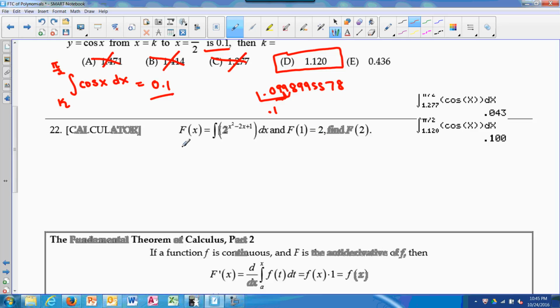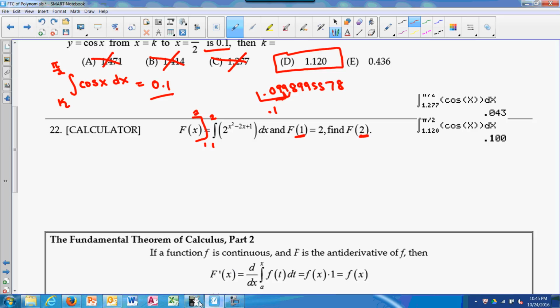Okay, so this is basically the wording that says big F is the antiderivative of this function. So if we go from x is 1 to x is 2, that gives us F of x from 1 to 2.